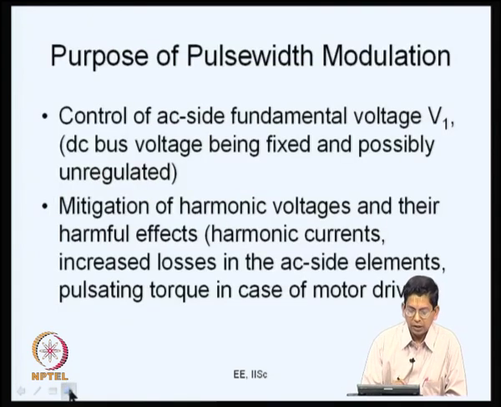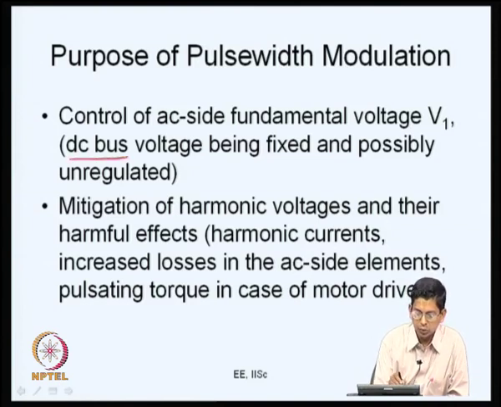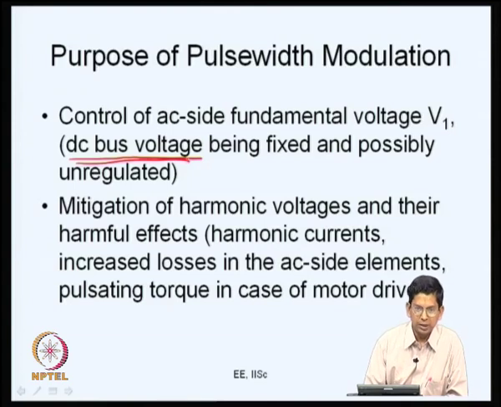Now, you have a voltage source inverter, and that voltage source inverter has a DC bus voltage. The DC bus voltage is by and large fixed, it is not varied, and it could possibly be unregulated.